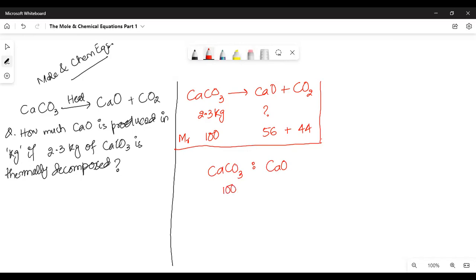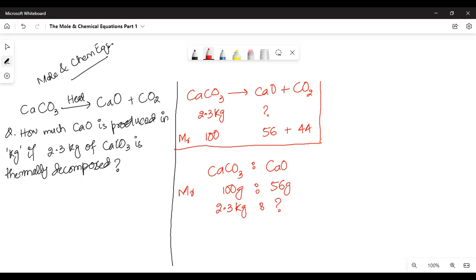So 100 grams of this gives you 56 grams of this. That's why MRs are important, because MRs are going to be our first step. Okay. And when you have 2.3 kg of this, how much would you get of this? That's really what the question is all about.